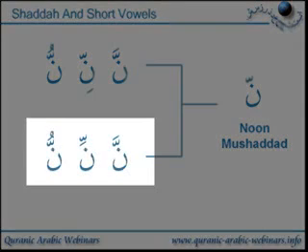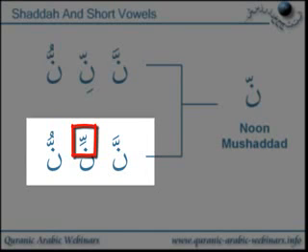Now let's compare that to the Uthmani script. In the Uthmani script, the noon shaddah fatha is exactly the same. The noon shaddah dhamma is exactly the same. However, we have a difference in the way the kasra version is written. So we have noon with a shaddah and a kasra under the shaddah. So this is slightly tricky. Some people get confused on this.